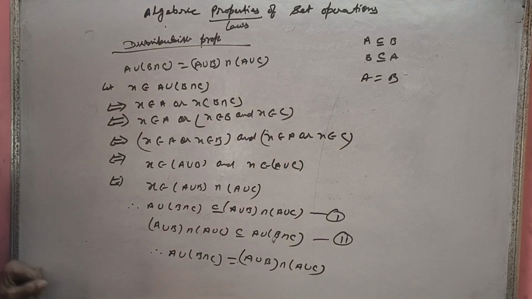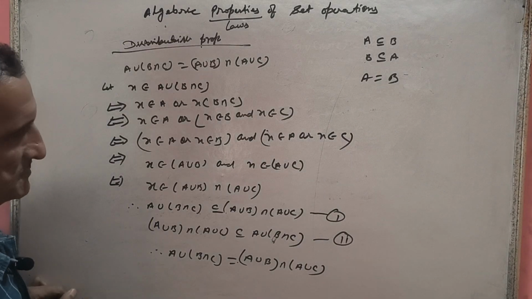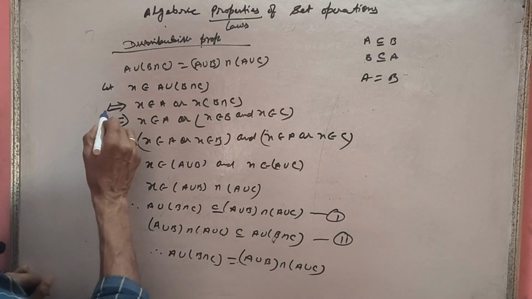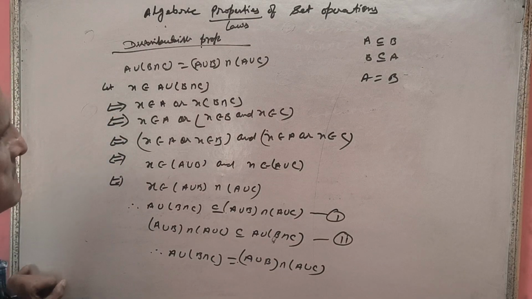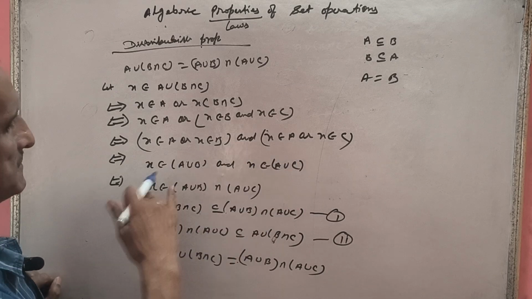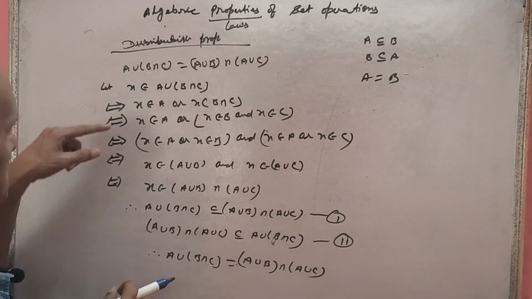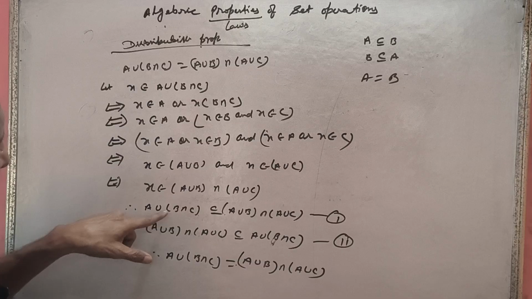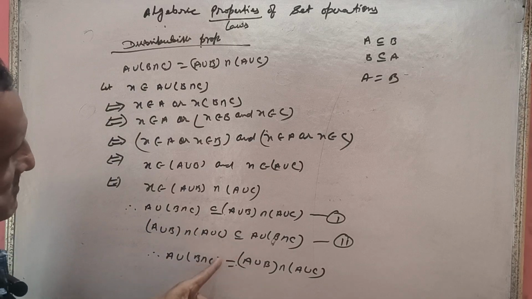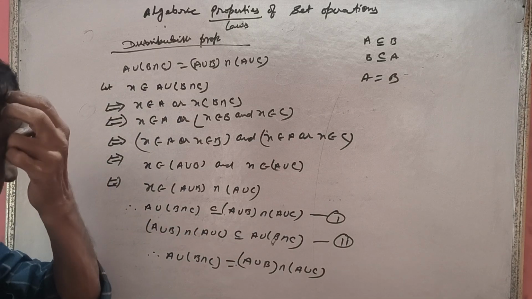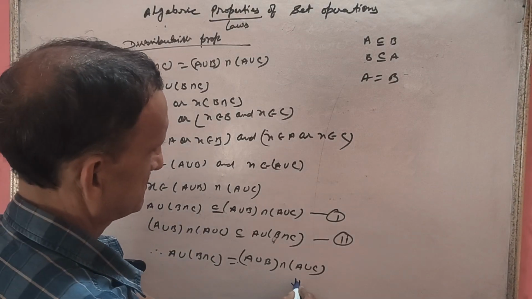This is the shortcut method. We will use this method only. We can do the long method also, it is the same. But when you get both-way implication, then we have already done it both ways. If you are able to prove this is a subset of this, then this will also be a subset of this. So this is the first proof.